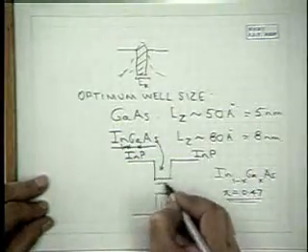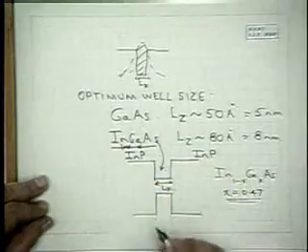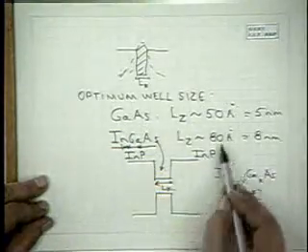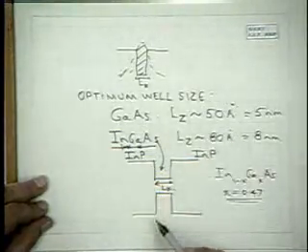So in this case, Lz, the optimum barrier width, is a little larger, 80 angstroms.